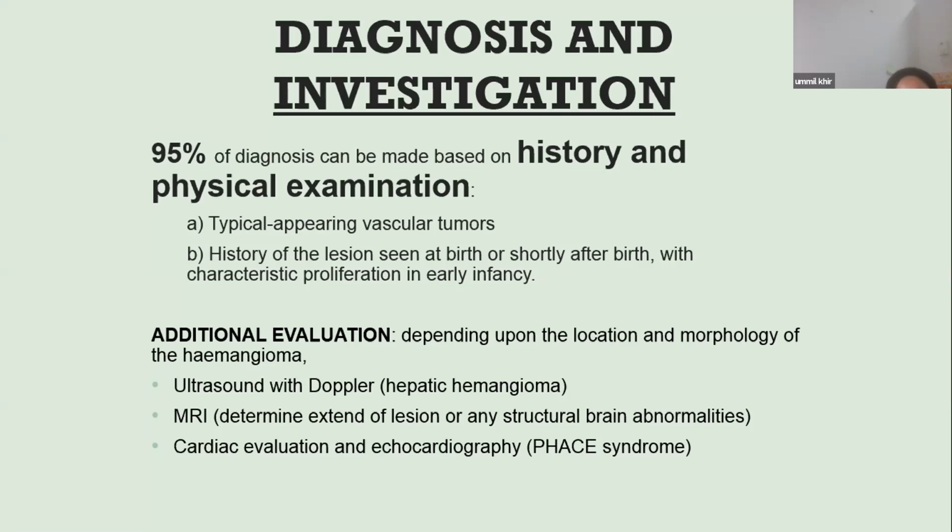But some situation or condition may need some additional evaluation. It depends upon the location and morphology of the hemangioma, such as we need to do ultrasound with Doppler if we suspect hepatic hemangioma, do MRI to determine extent of lesion, or is there any structural brain abnormalities. We need to do cardiac evaluation and echocardiography for facial syndrome.